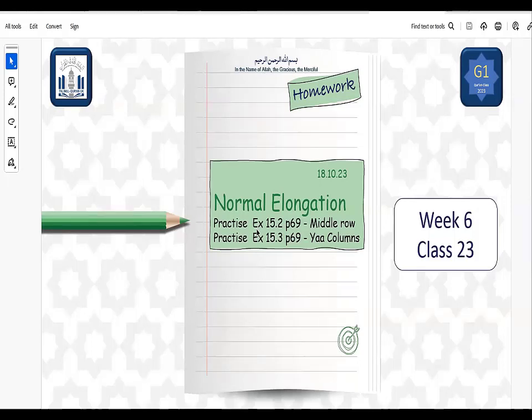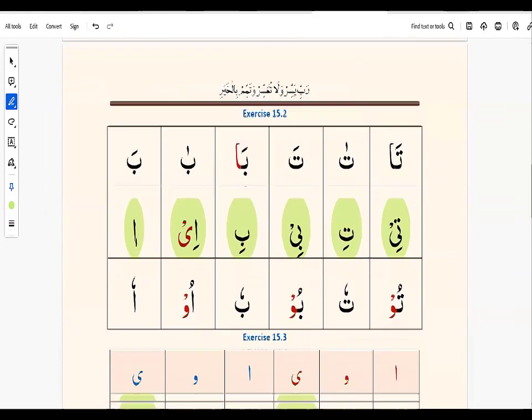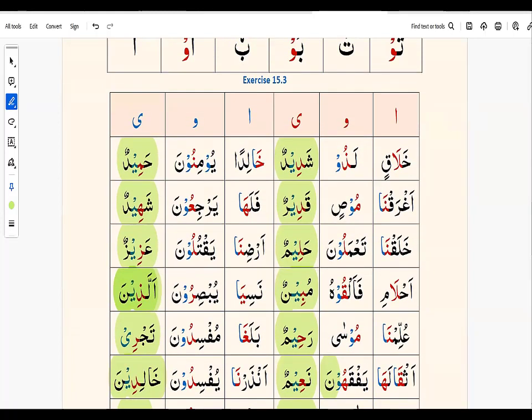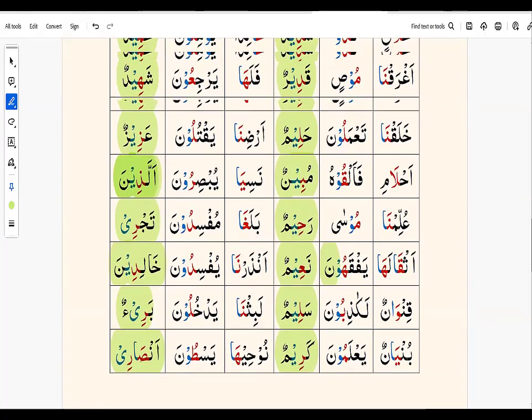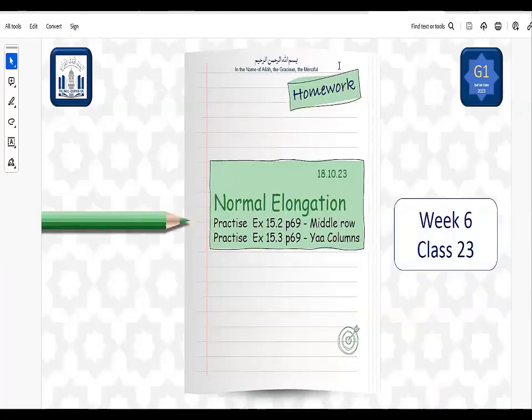For 15.3, practice the columns of Ya. I'll just quickly show you. As we scroll down on Talimul-Quran, in exercise 15.2 we do this highlighted line. In exercise 15.3, we do the two highlighted columns. This is your homework. We have covered it all in today's class.